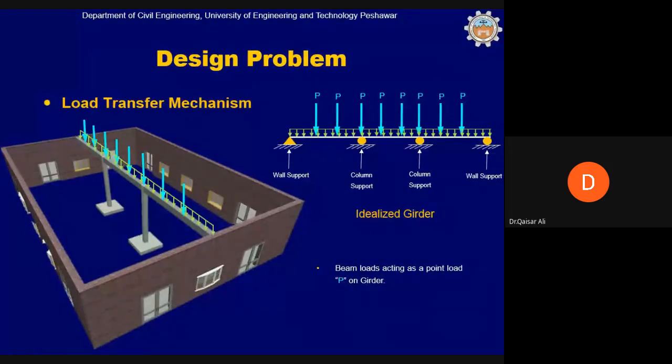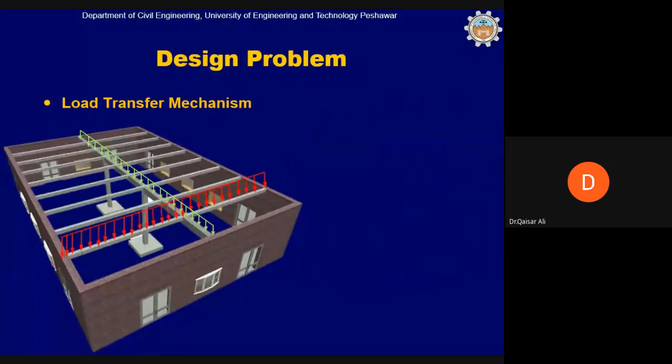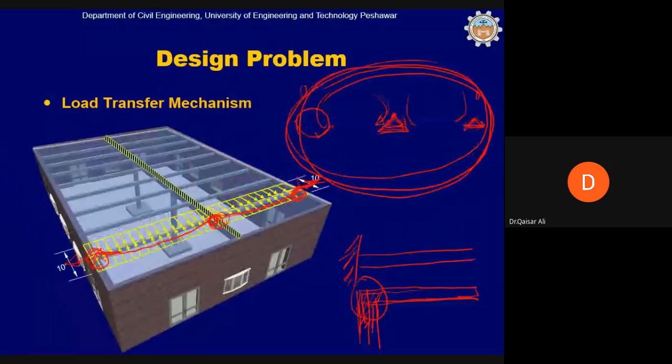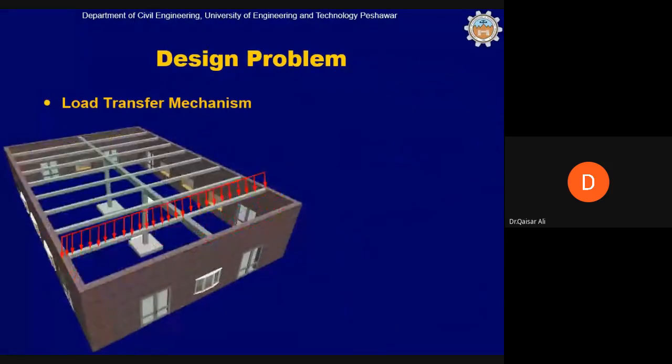A small portion of the slab which is left, the girder self weight, will act as a UDL on the girder, and the beam, half the beam from one side and half the beam from the other side, will be lumped as a point load on the girder. Or in other words, the reaction which is coming on the girder will be acting basically as a point load on the girder.